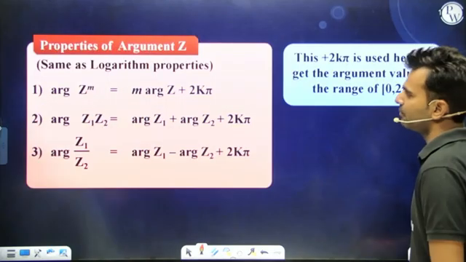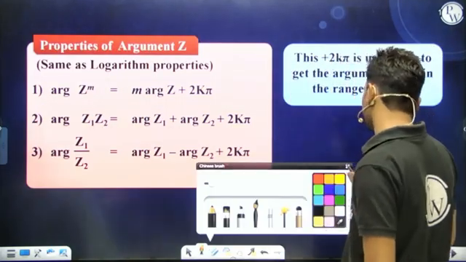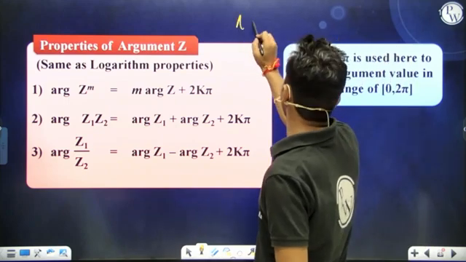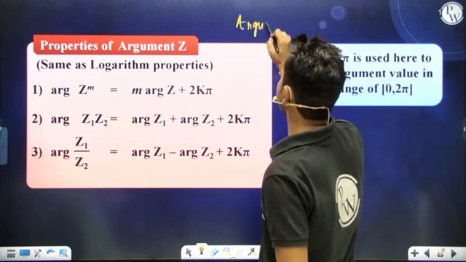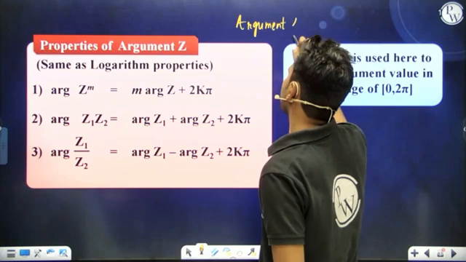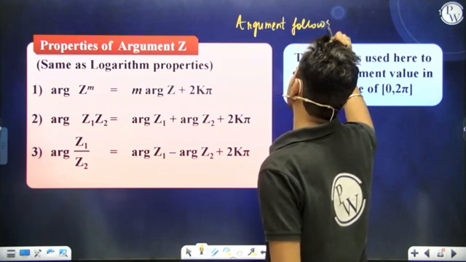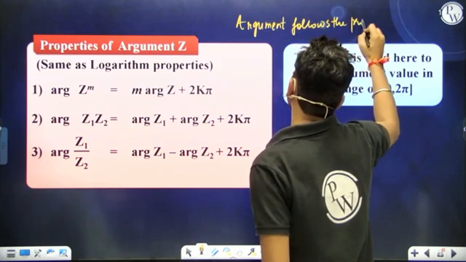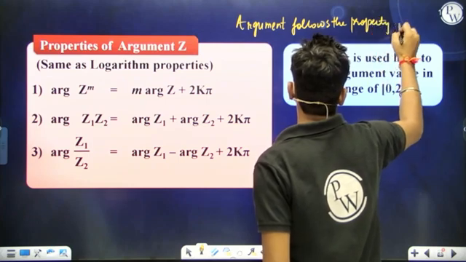Explaining the properties of the argument of a complex number: the argument follows the property of logarithms.